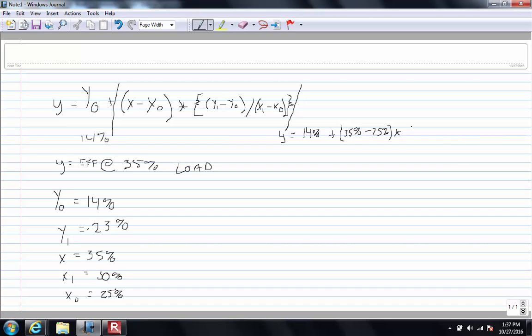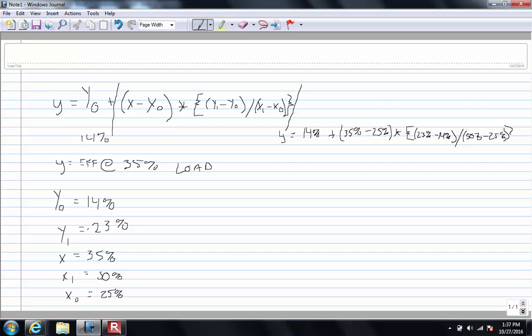All of this is times our Y1, which is 23% minus our Y0 again, which is 14%, divided by our X1 value, which is 50%, minus our X0 value, which is 25%.